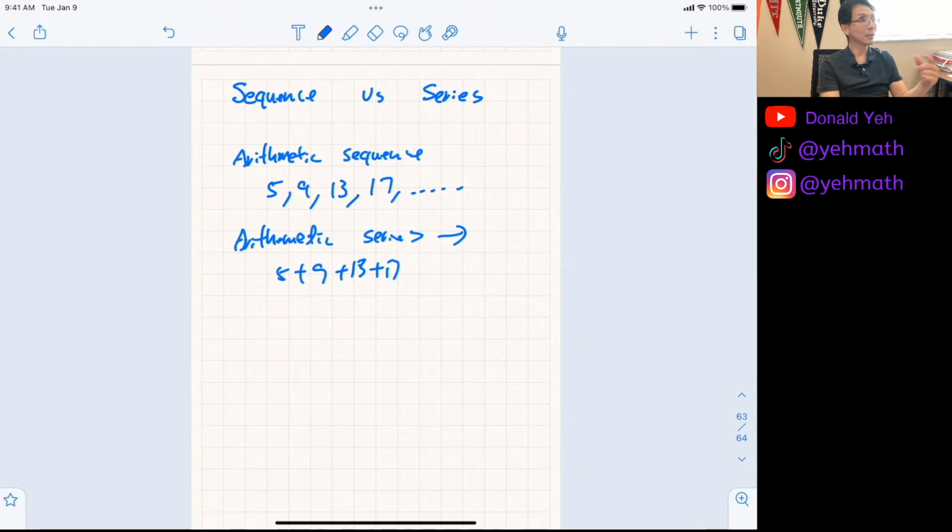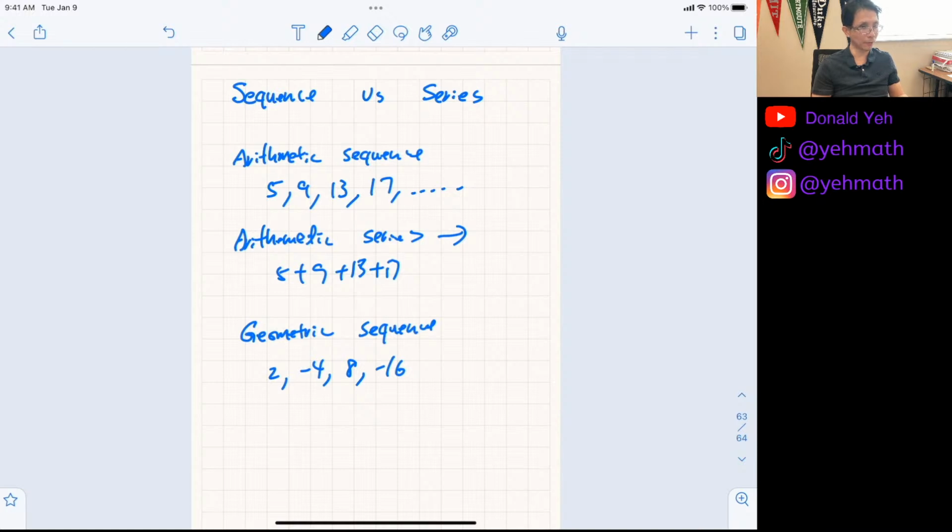However, there is another type of sequence. It's called a geometric sequence. Okay, so a geometric sequence looks like this: 2, -4, 8, -16. You're going to say, why is this geometric sequence?